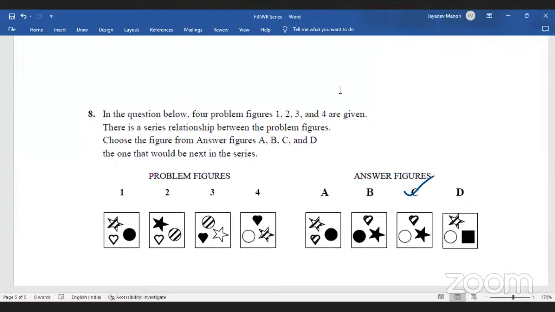In each problem figure, we have three different shapes and three different shades. In the answer figures, only option C has three different shapes with three different shades. So option C is the answer.